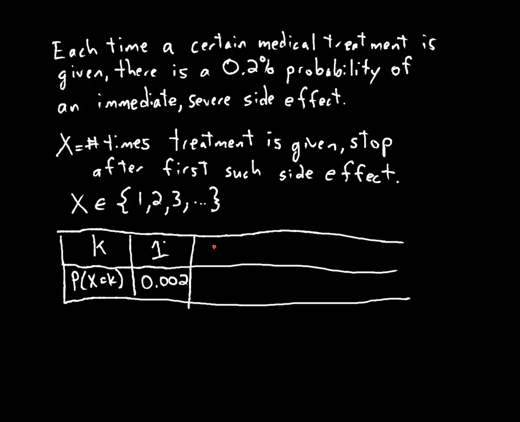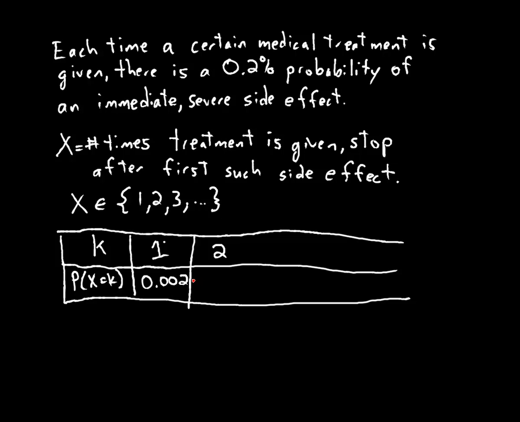Okay, now the next possible value is 2. Now how does that happen? That means the treatment's given 2 times where we stop after the first such side effect. So the second treatment must have resulted in the side effect. That's why we stop. Whereas the first treatment did not result in the side effect, or else we would have already stopped before the second treatment was administered.